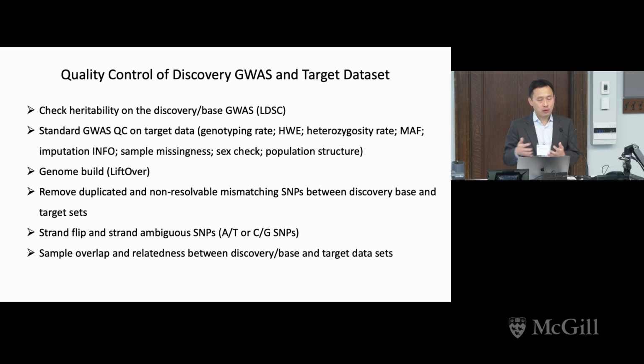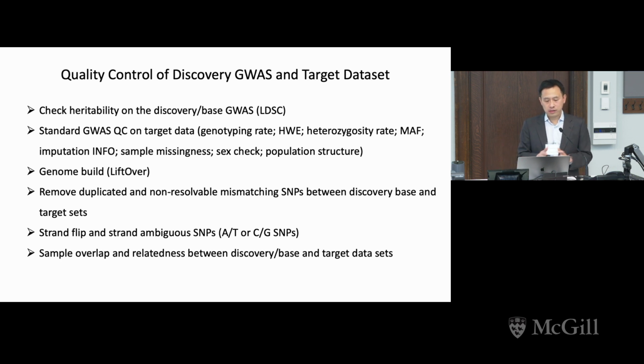how heritable the trait you are studying is. It has to be heritable to some extent, so that it has genetic contribution to the disease or the trait. The second part is a standard QC on the target data set, which is pretty much the same as what you learned yesterday.